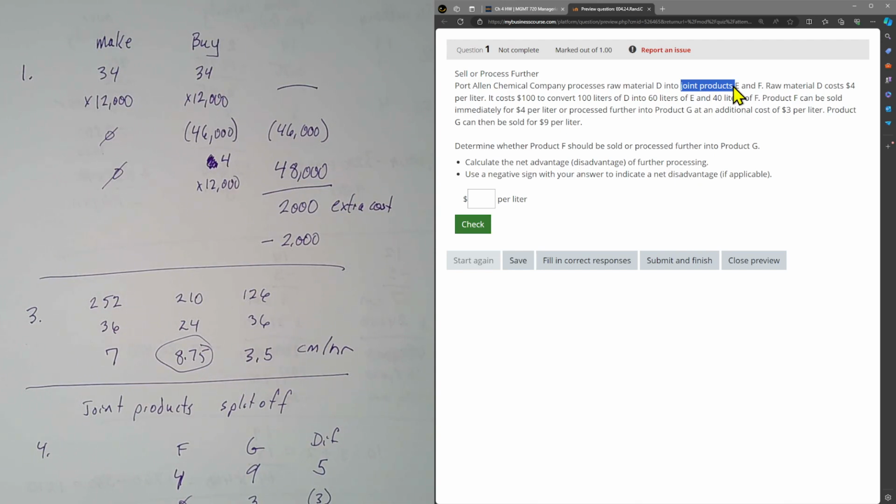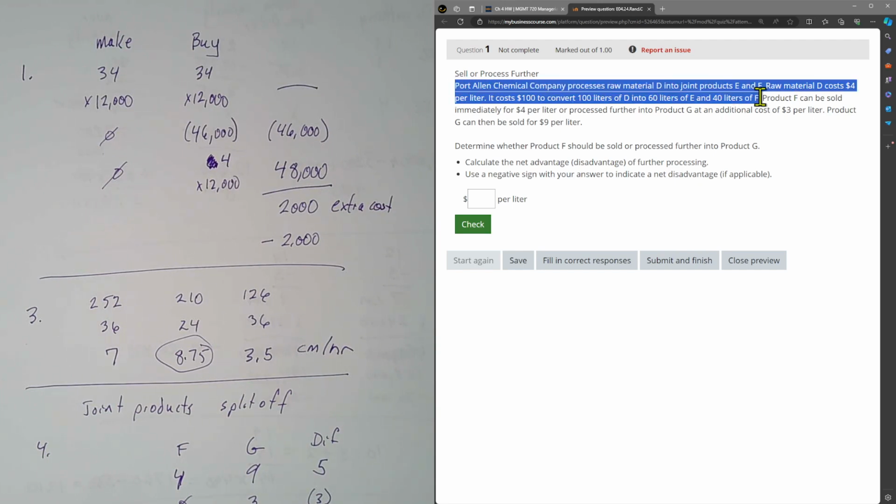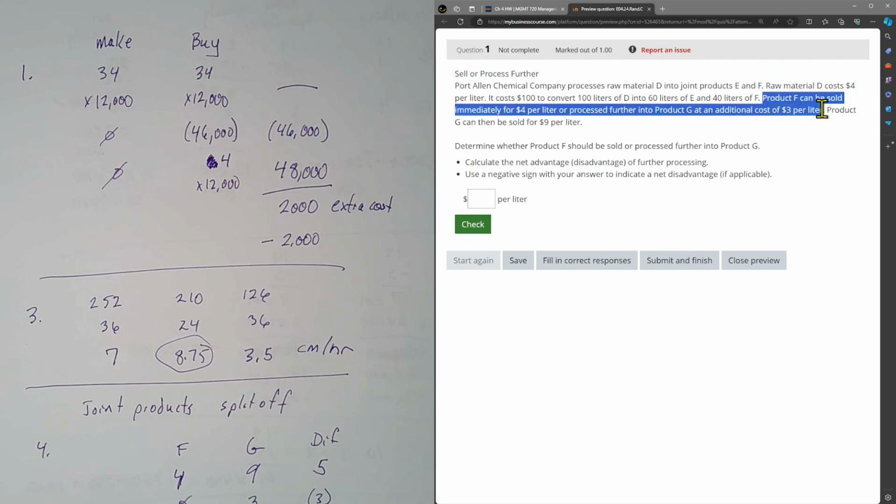And what we learned in sell or process further is that any of the costs that are joint costs, the initial stage before they split off and become their own unique products, are deemed irrelevant because they share that. It's the same between all of them. So everything up from Port Allen up to here, I don't care about, because it has nothing to do with the question. The question is determine if product F should be processed further into G. So all we're looking at is this information here.